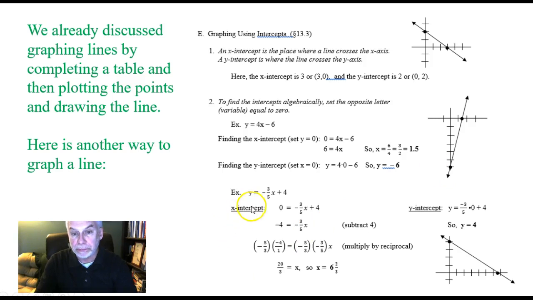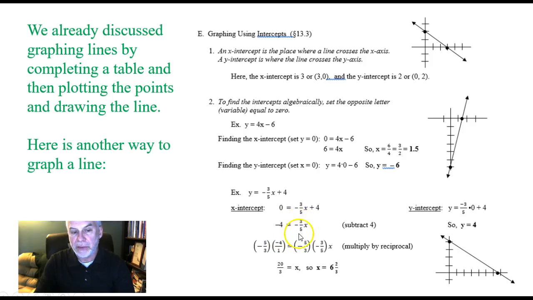Here's another example. If you have y equals negative 3/5 x plus 4, and you're looking for the x-intercept, you can set y equal to 0 again, and that gives you this. Now, I would move the 4 over by subtracting 4 from both sides, so we get negative 4 equals negative 3/5 x.